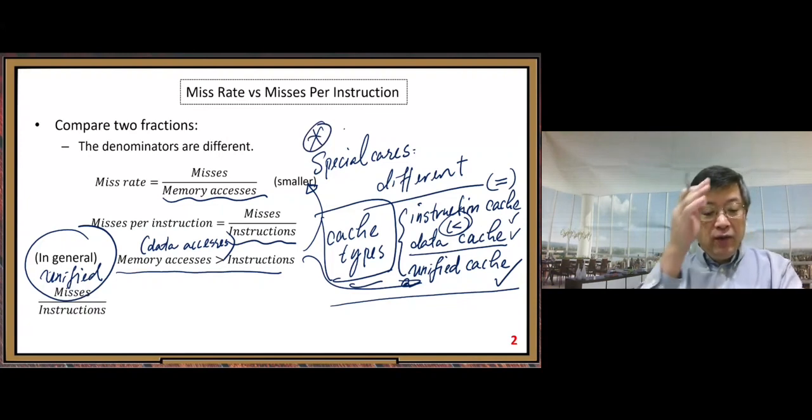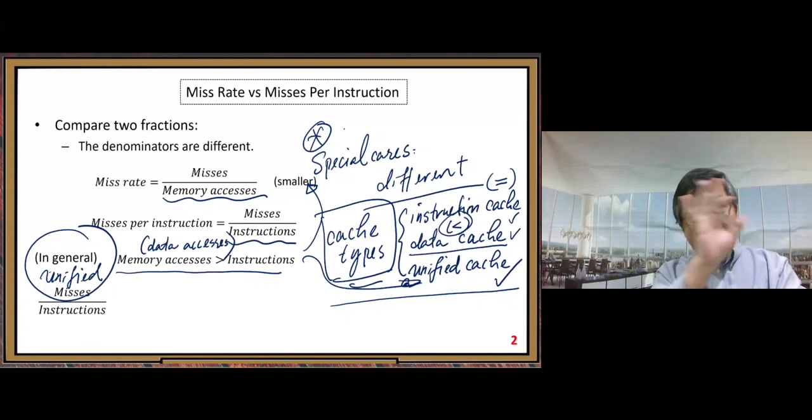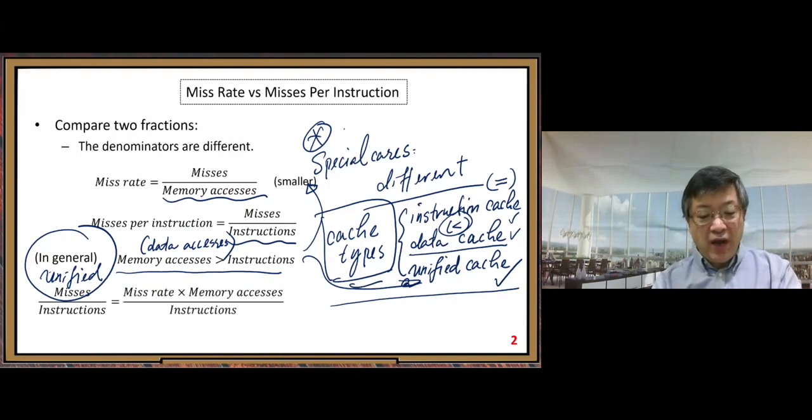Finally, we look at the relationship between these two fractions. For misses per instruction, we want to write per instruction misses. Misses we can write as miss rate times memory accesses.